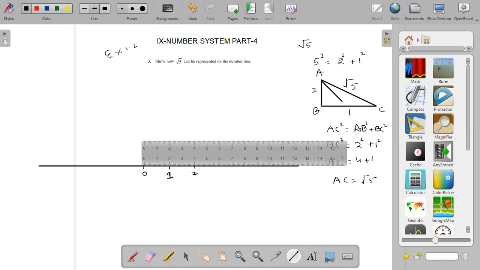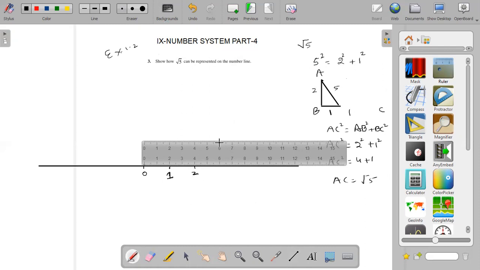This will come like this, and this will be 2 and this will be 1. That was not the exact diagram. You can remove this part, and this triangle will be like this only. Okay. So this is 5.